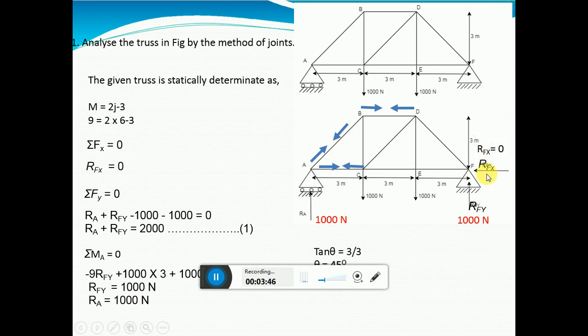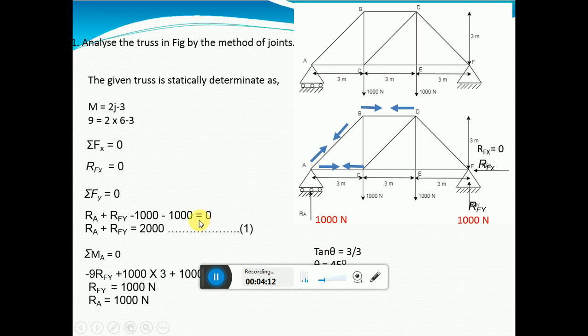Next condition of equilibrium, summation Fy is equal to 0. So take all the vertical forces: RA minus 1000 plus RFY is equal to 0.